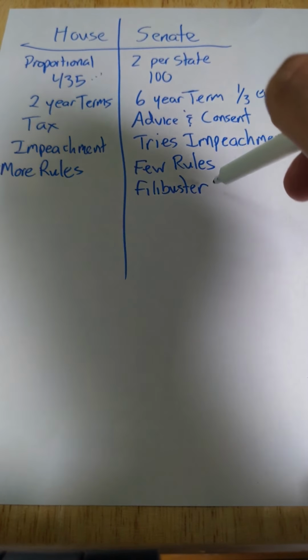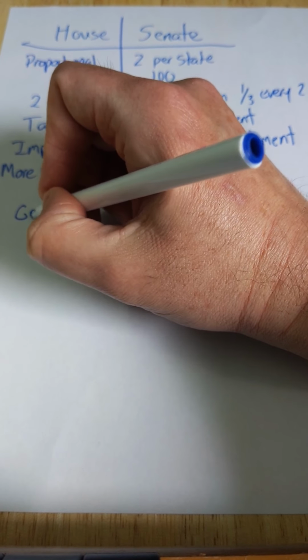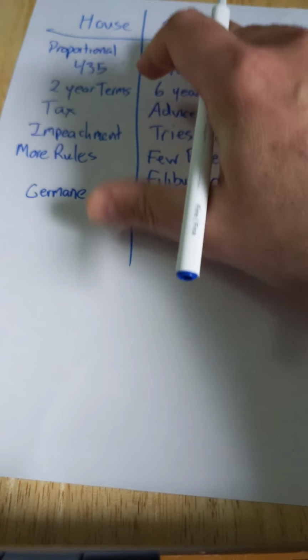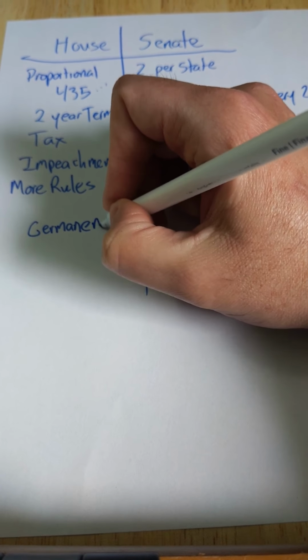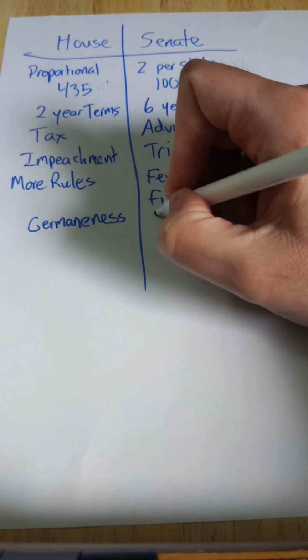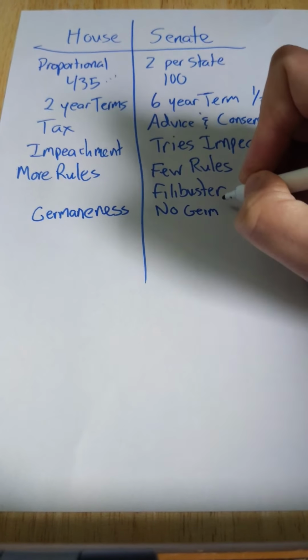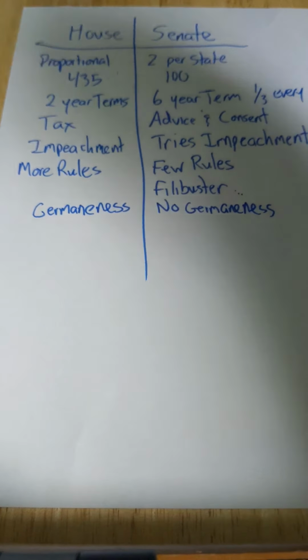To go along with this, the House has something called a germaneness rule. Germane, not German, germane. Germaneness. And the Senate does not. What germane means is relevant.